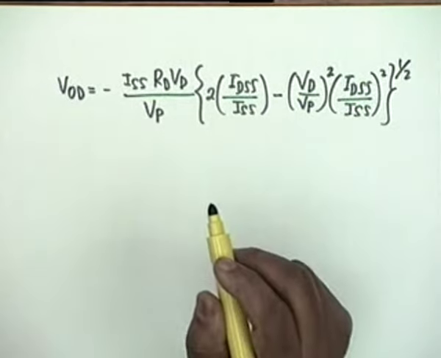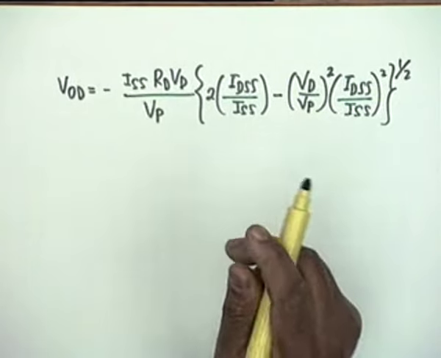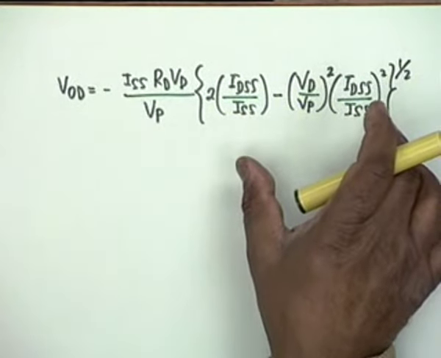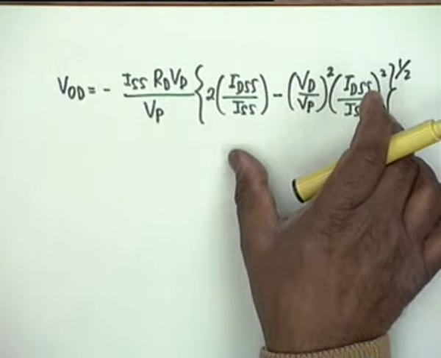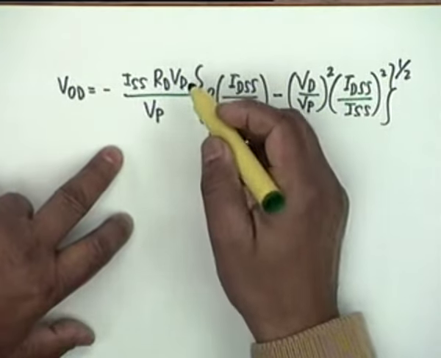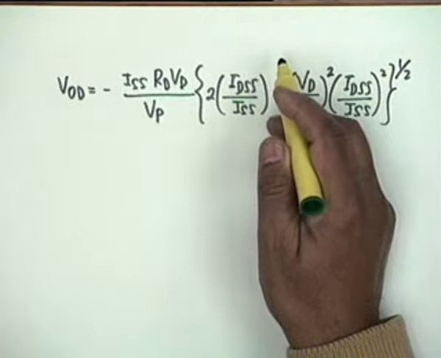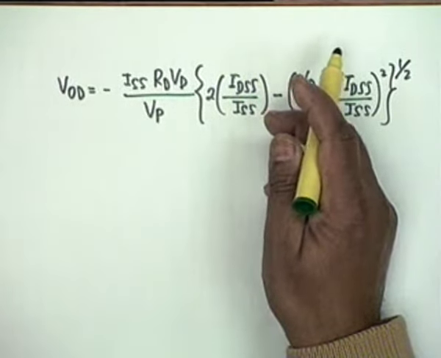I am repeating the same expression. If I differentiate this and put VD equal to 0, obviously I don't have to differentiate this expression. Isn't that right? You see, it is VD multiplied by an expression containing VD. So it's a product of two functions.